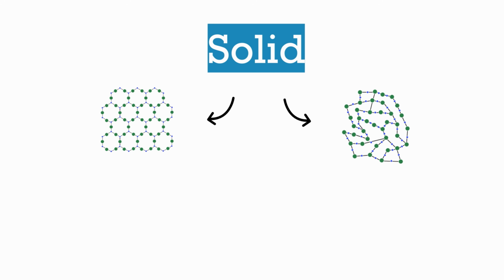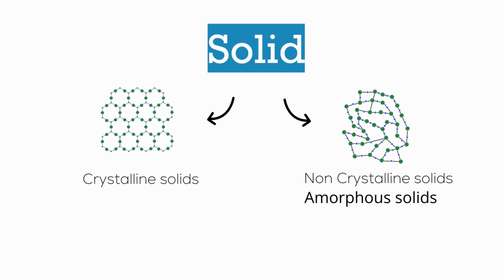But to fully understand why steel gets harder after quenching, and what changes happen inside the steel during the rapid cooling, we need to understand the chemistry of the steel as a solid material. So steel is a solid material, and solid materials can be categorized in two categories: crystalline solid and non-crystalline solid, also known as amorphous solid.